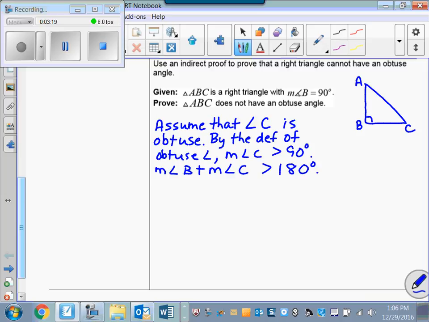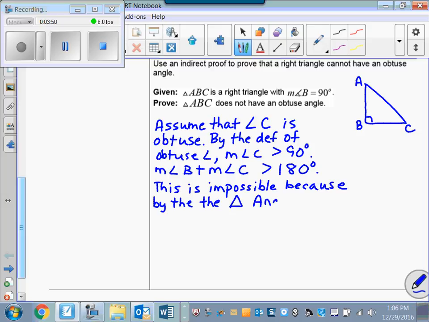Because if the measure of angle B is 90 and the measure of angle C is greater than 90, then the sum of those two measures is going to be greater than 180 degrees, but I'm going to say this is impossible. So I've already found my contradiction. This is impossible because by the triangle angle sum theorem.